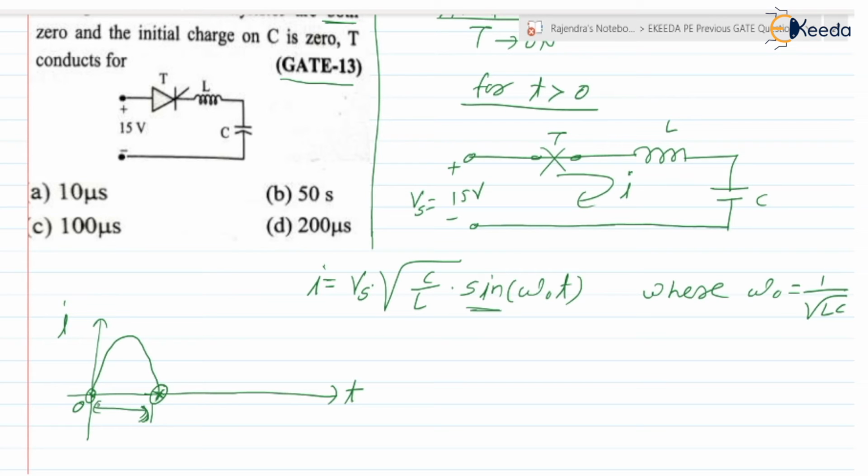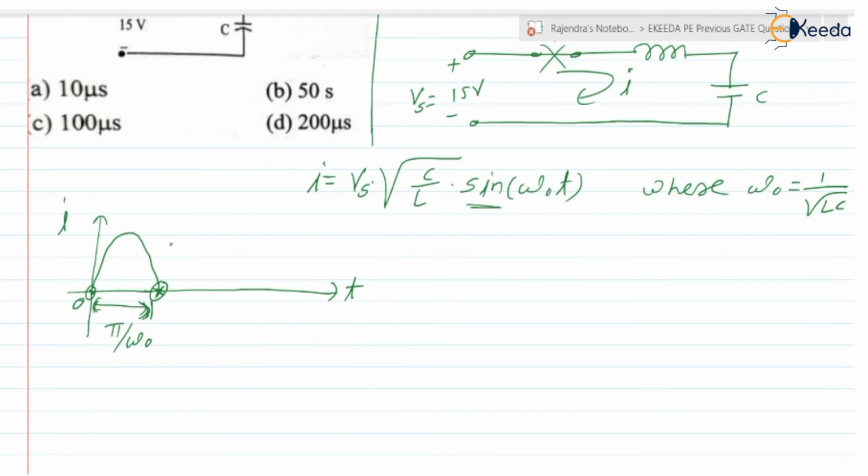So the time corresponding to this interval is pi by omega 0. Is this clear? The thyristor will be in conduction mode only for pi by omega 0, from this instant to this instant.